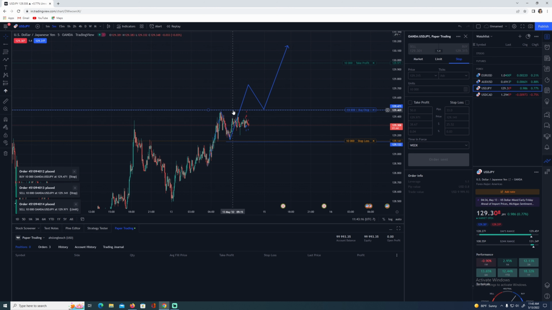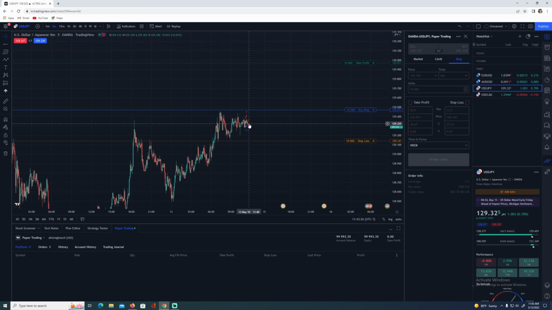Now I have a pending order, right? A buy stop order up here because price is below. So once price breaks through this line, it's gonna buy me 10,000 units and then continue going higher.